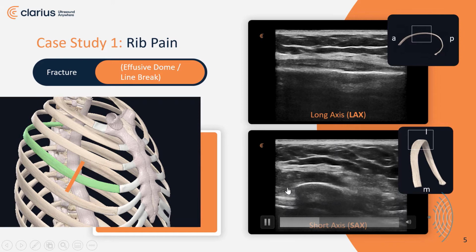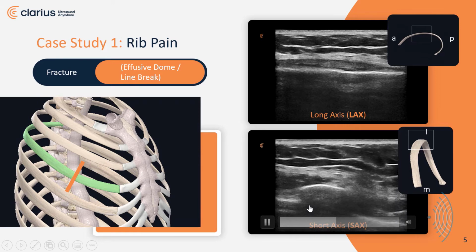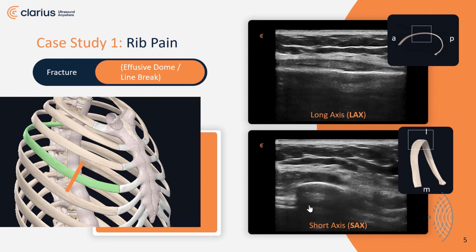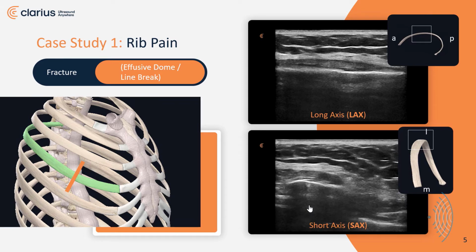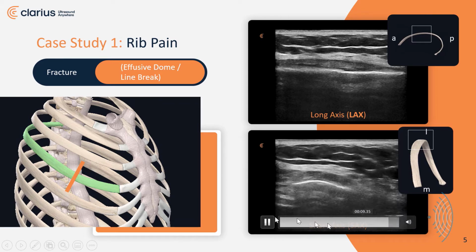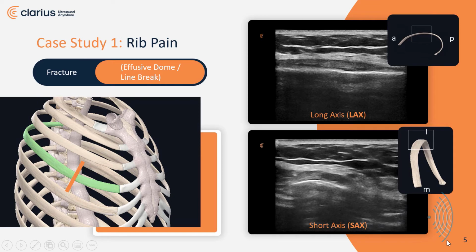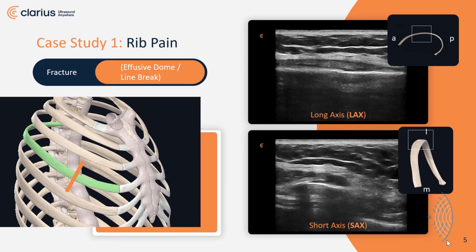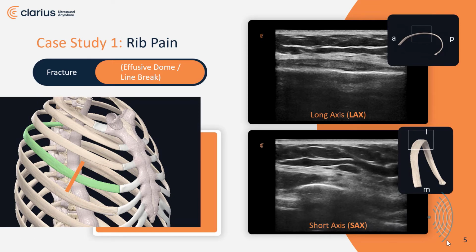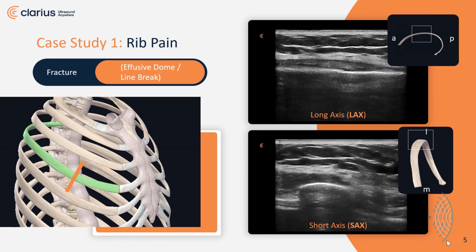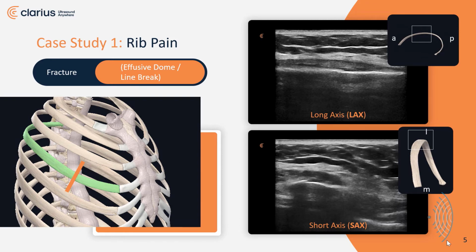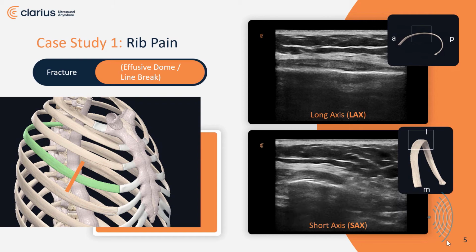And you're going to see that as I'm moving it, I'm sweeping it along the orientation of the rib, and down here you can see lung material on either side. But as we're moving that along the rib, you can see that that discontinuum moves from one side of the image to the other, which means that the fracture itself was not perfectly in the short axis plane.